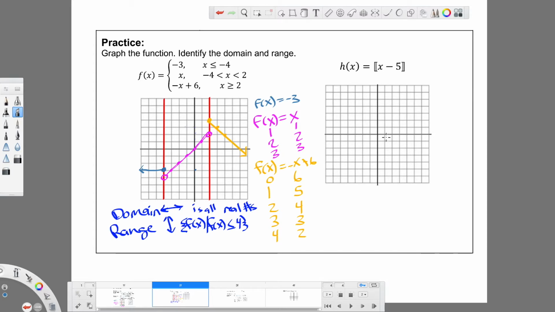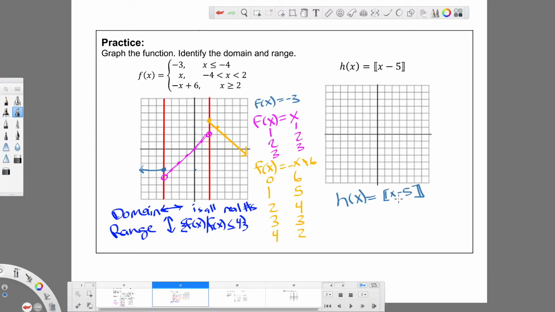And with this one, if I actually plug in some numbers here, oops, I don't know why I changed h to f. It's h of x equals x minus 5, and basically I'm going to plug in some numbers here.